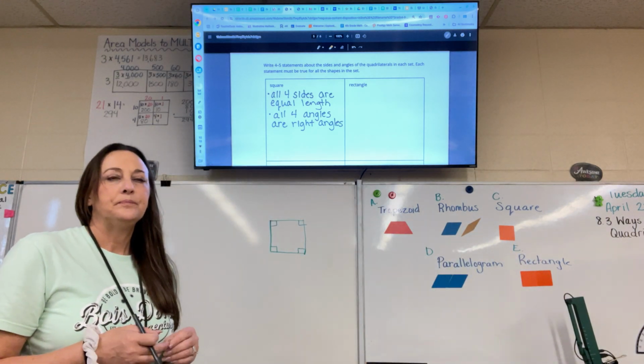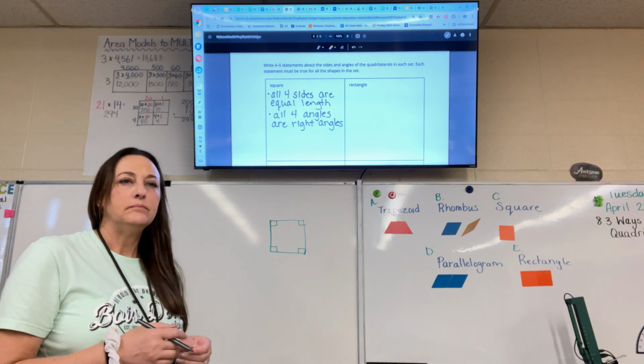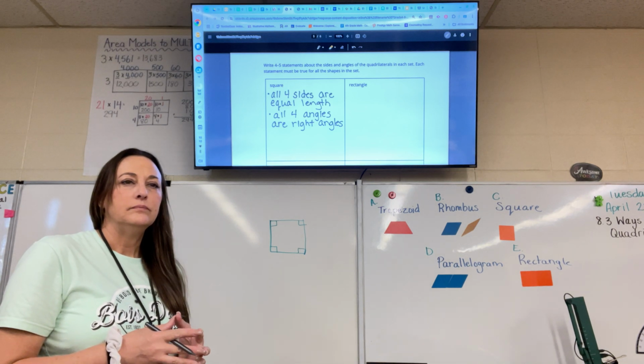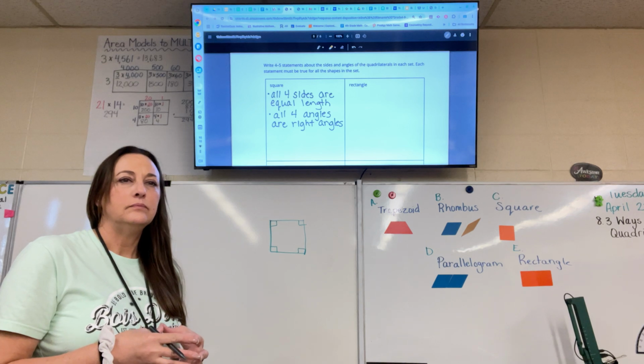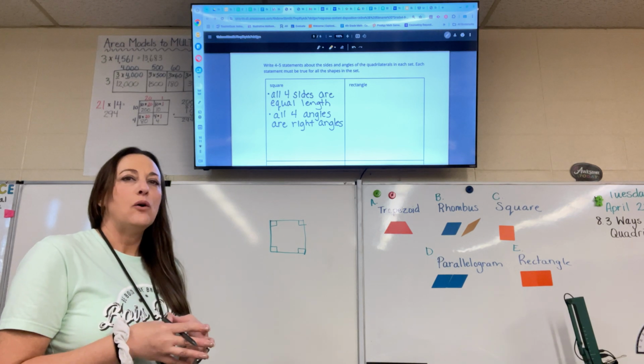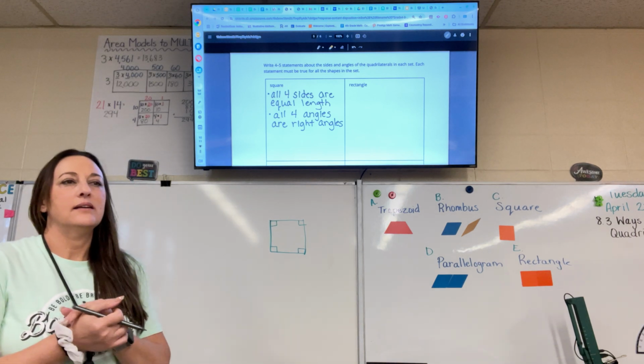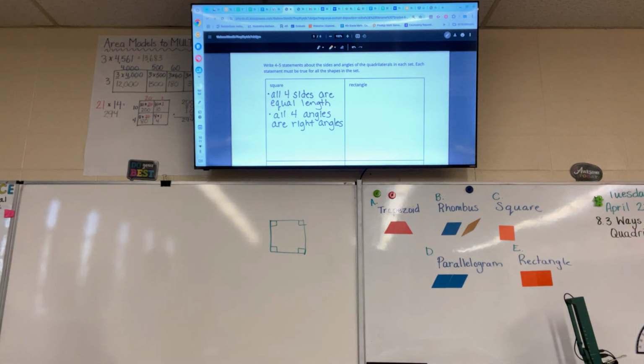Kerrigan? There are 4 angles in it. What's that called? Right angles. No, we've already got that. Not that one. Brayden? There are 2 pairs of parallel sides in a square.